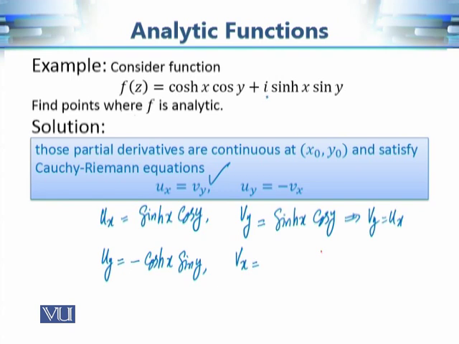Now let's see whether the second condition is satisfied or not. uy in this case is minus cosine hyperbolic x sine y, and vx in our case is cosine hyperbolic x sine y, and we can easily see that the second Cauchy-Riemann equation is also satisfied because uy is equal to minus vx.